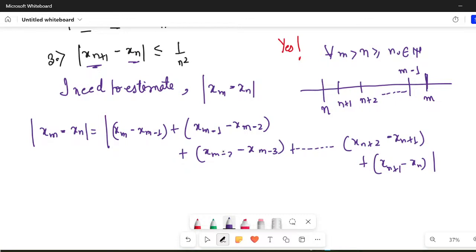Isn't it? If I cancel it out, all will get cancelled and I'll only get mod of xm minus xn.